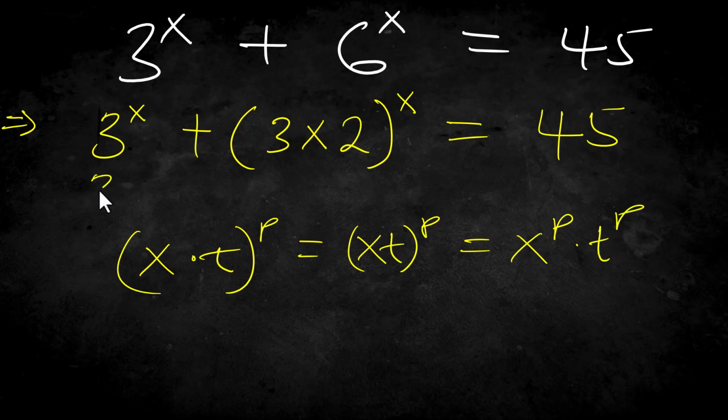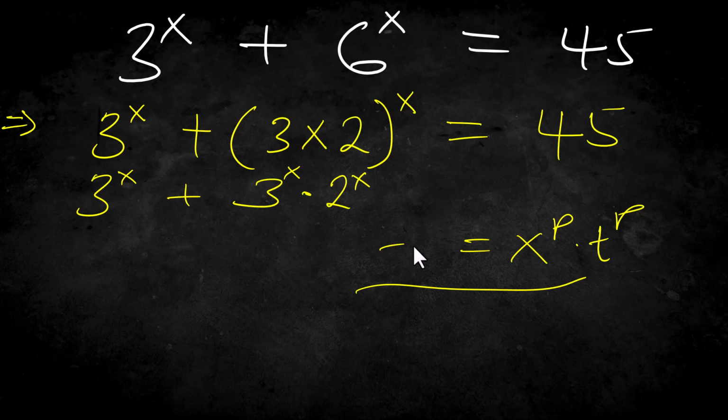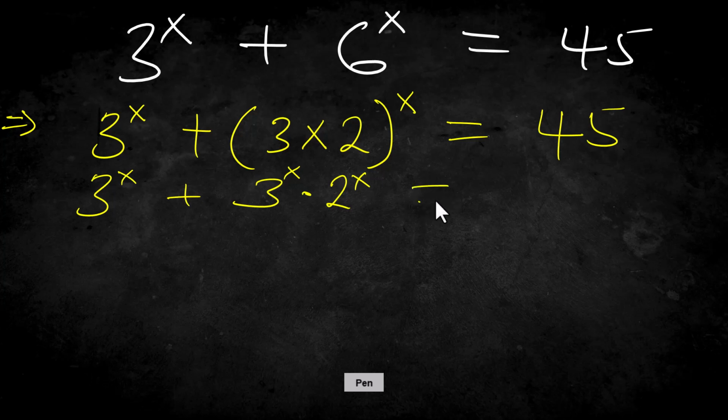So this side is 3 raised to x plus 3 raised to x times 2 raised to x as shown here. Okay, so that will be 45.